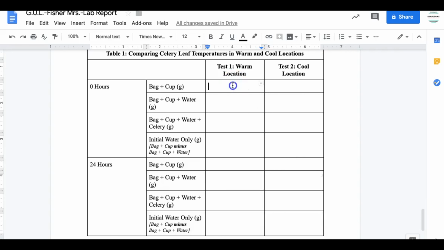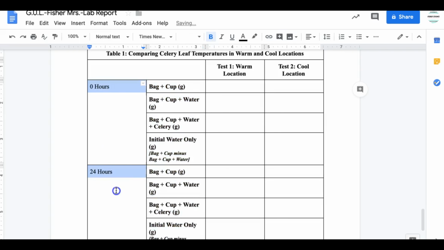And once I have my results, I just need to fill them in. I can keep this as black font, or I can change it to a different color. I also just want to real quick make my headings bold so that I can tell them apart from the data. So the warm location bag and cup was 10.7 grams, and in the cold location was also 10.7.